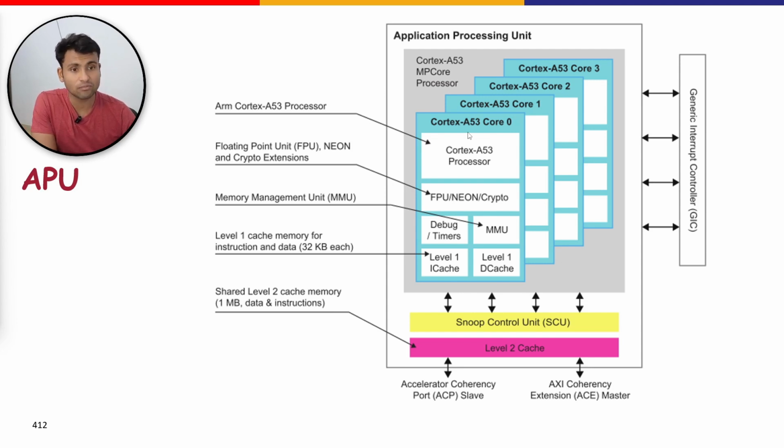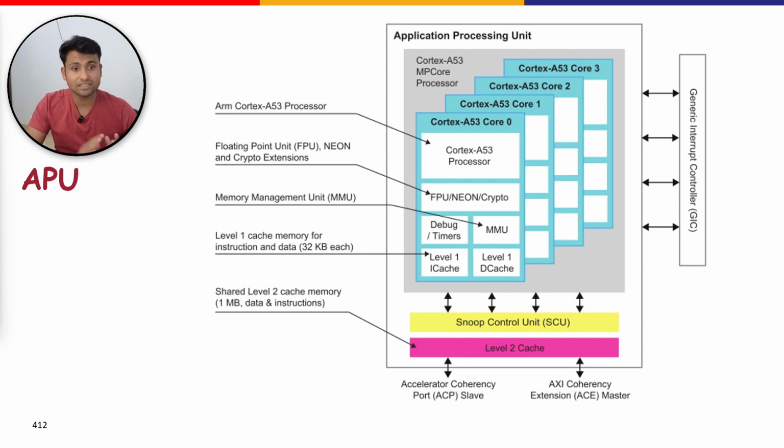So each of these ARM Cortex A53 can operate up to 1.5 gigahertz and supports 32-bit and 64-bit instruction sets. The software can use the 64-bit instruction set and achieve access to physical memory space which is approximately 4 GB. All four cores contain their own FPU, Neon, and crypto computation units and separate 32 KB L1 cache, which you can see here.